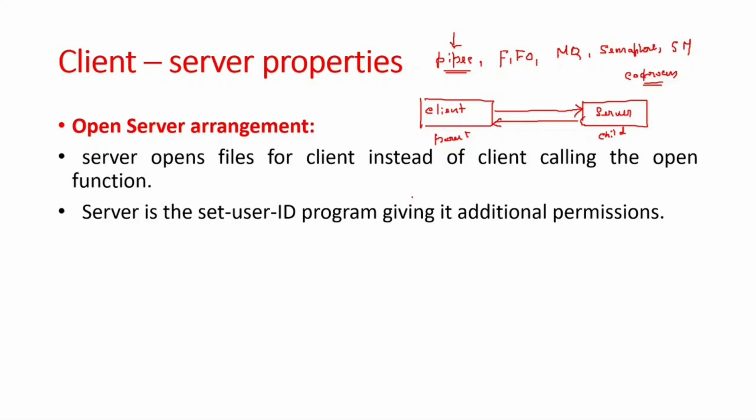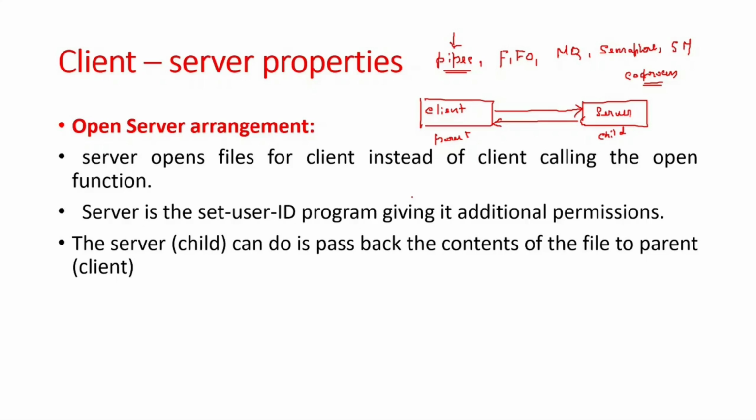This way we can build a server that allows certain users permission that they don't normally have. The server, which is the child, can pass back the content of the file to the parent after verifying whether the client has the permission to access the desired resource. So this is the simplest client and server relationship by making use of pipes.